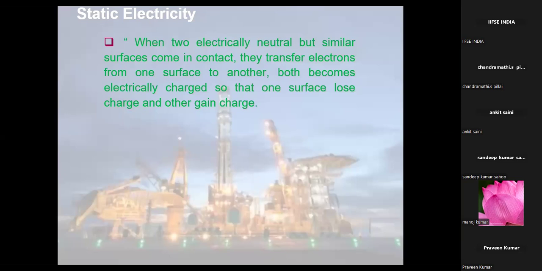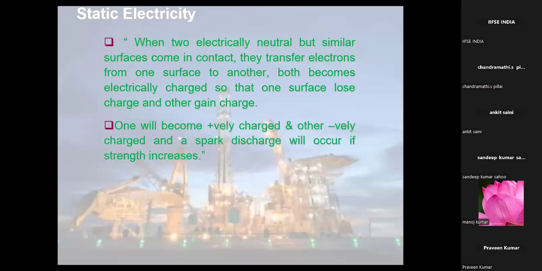Because of the friction of the flow of the liquid or the gas, the pipes develop static current. To discharge that, we use earthing systems. One will become positively charged and the other negatively charged, and the difference between them will bring about the discharge, or a spark discharge will occur depending upon the strength.